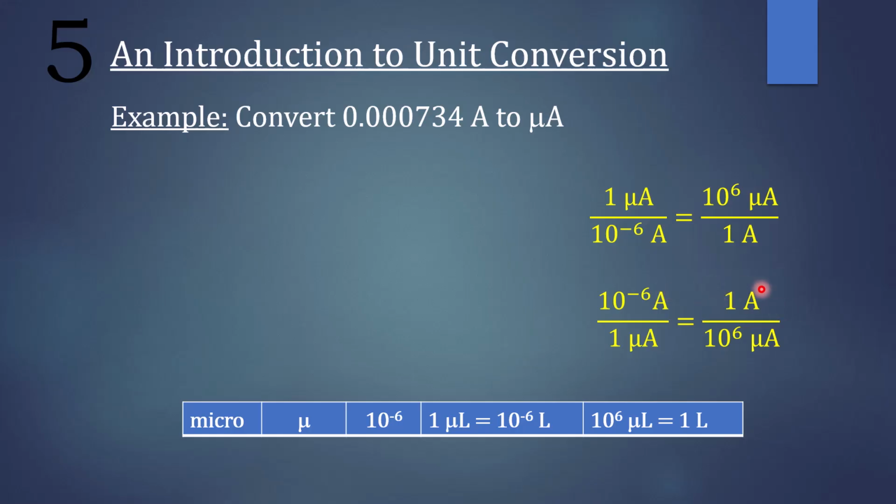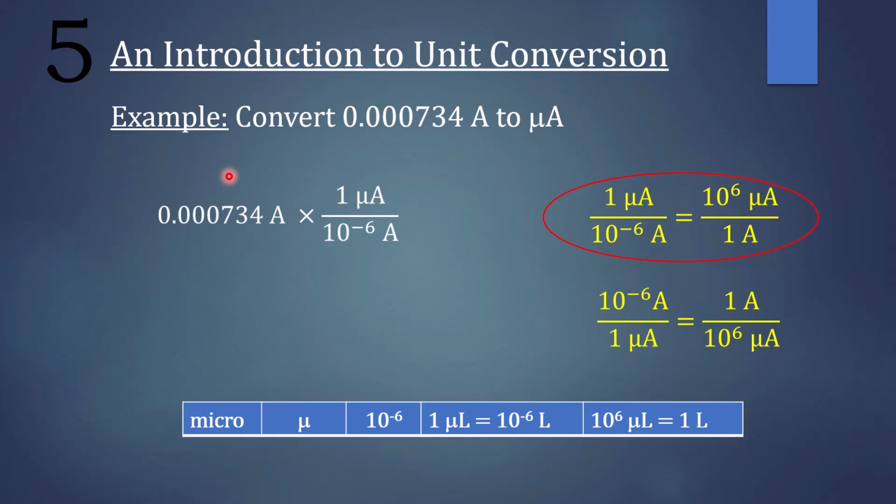So I put amps in the numerator, and I got microamps in the denominator. So if I'm going to convert from amps to microamps, the conversion factor that I want to use better have amps in the denominator so that they cancel. The units of amps cancel. So I'm going to use this first conversion factor. And again, it doesn't matter which one I use, I'll get the same answer.